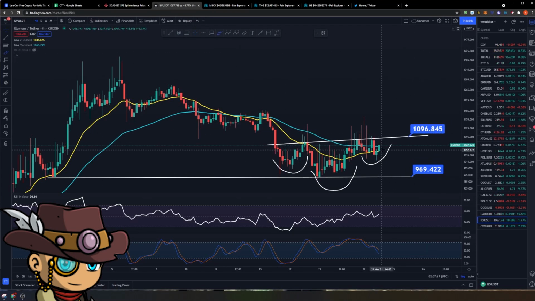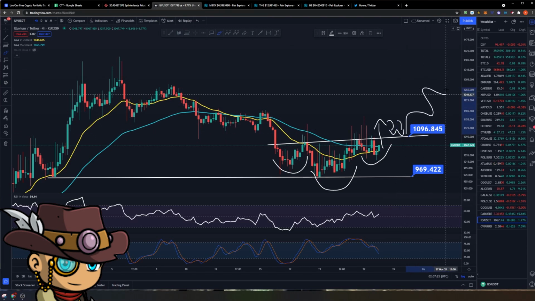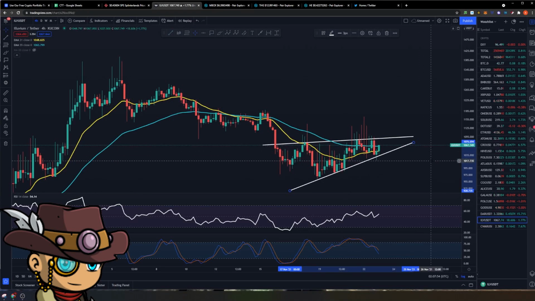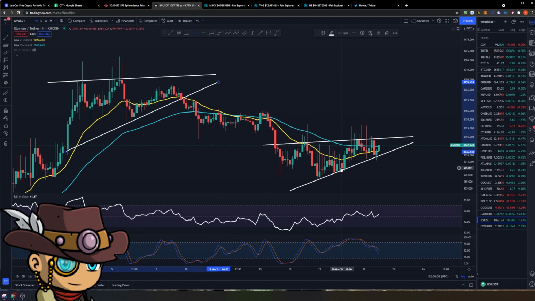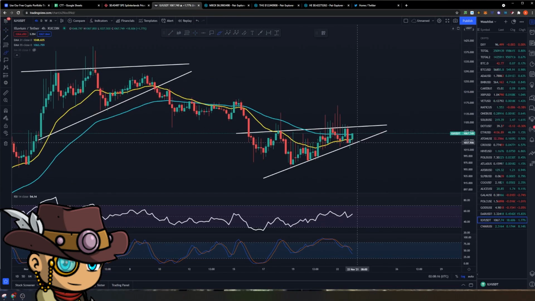So what we want to achieve for Illuvium is if we really want to get back on track here, we have to break this neckline, back test it as support before our eventual continuation to the upside. So the risk with Illuvium though is it does have to make a decision soon, because remember how we slowed down right here and we formed an ascending wedge right around this area? We unfortunately are also forming another ascending wedge right here. So Illuvium will eventually make its decision soon.